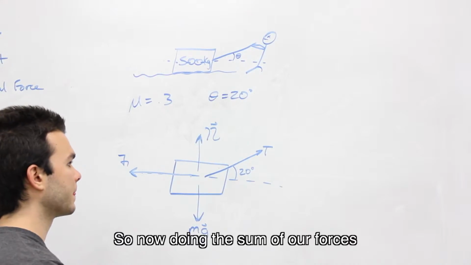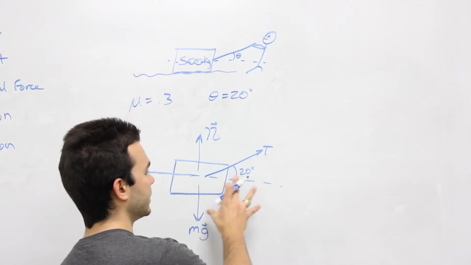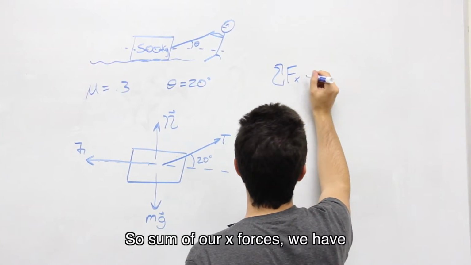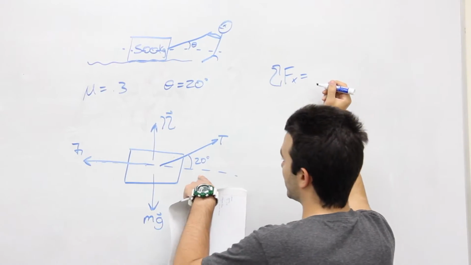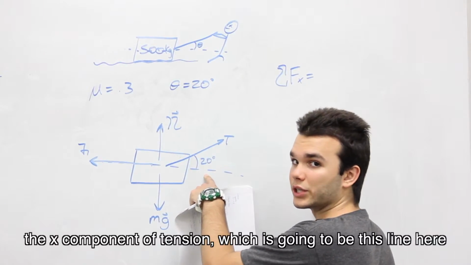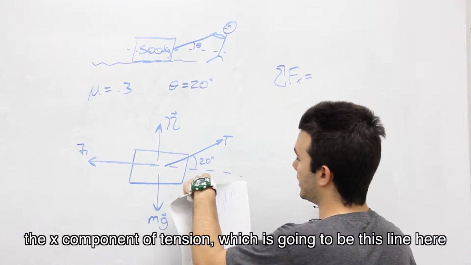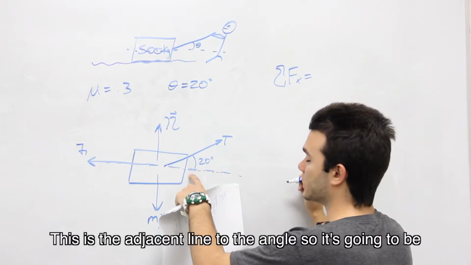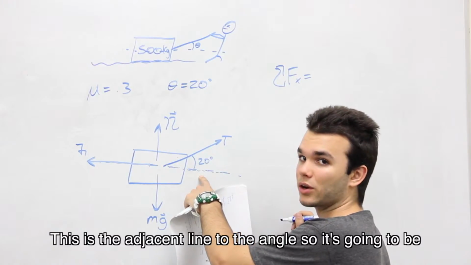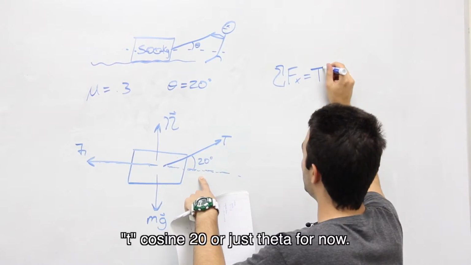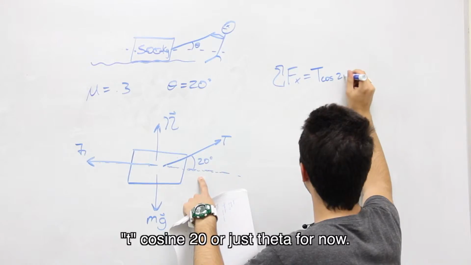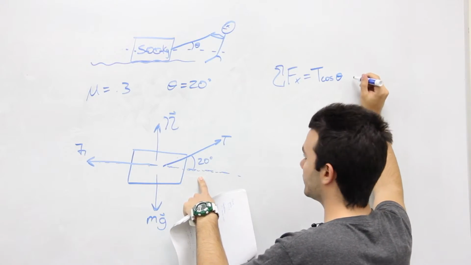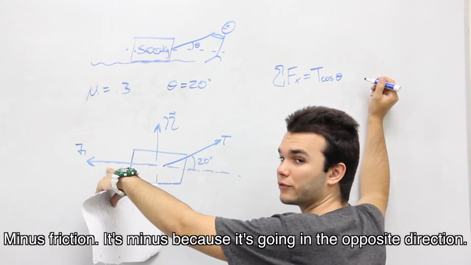So now doing the sum of our forces, it's a little easier to visualize. So sum of our x forces, we have the x component of tension, which is going to be this line here. This is the adjacent line to the angle, so it's going to be T cosine theta, minus friction.